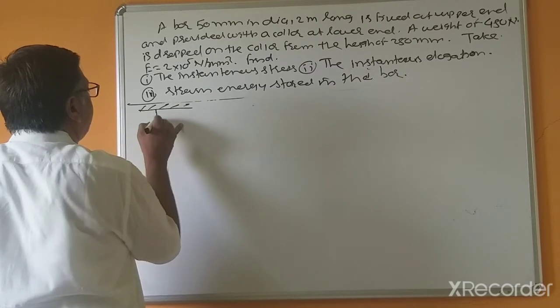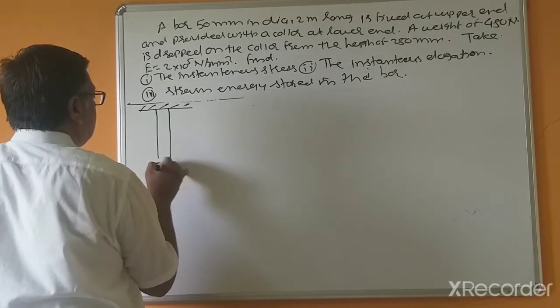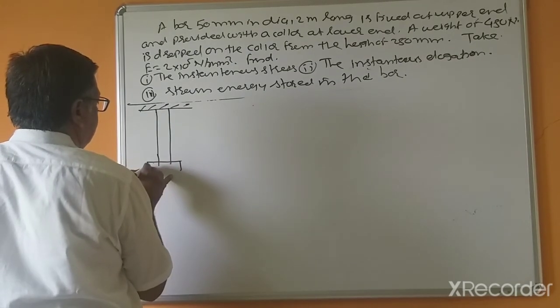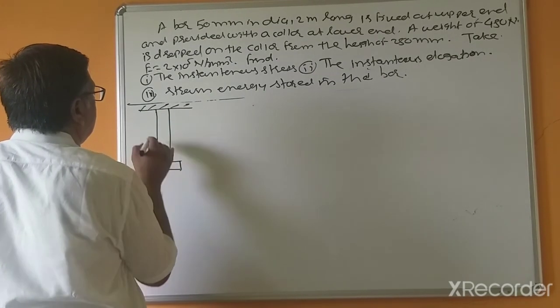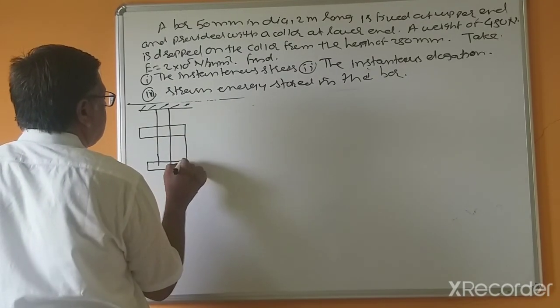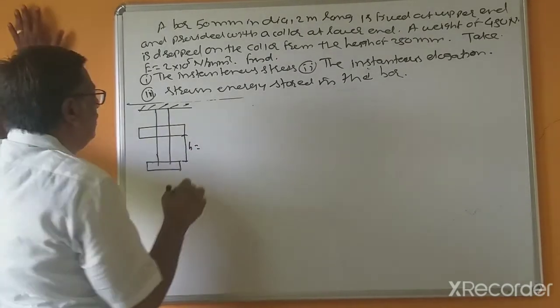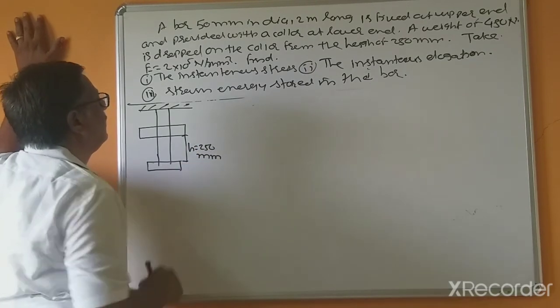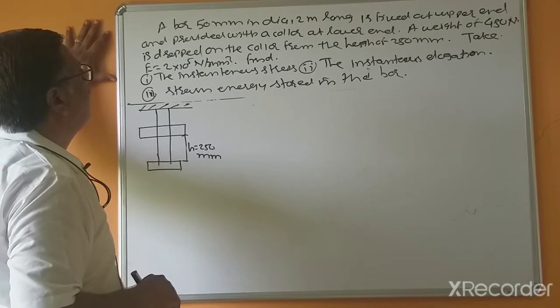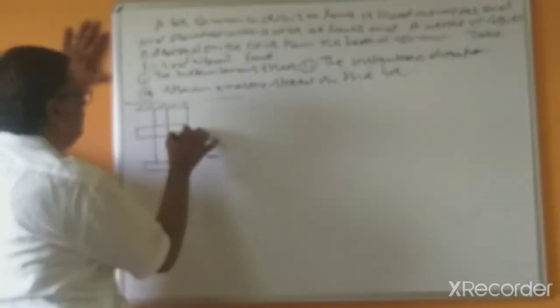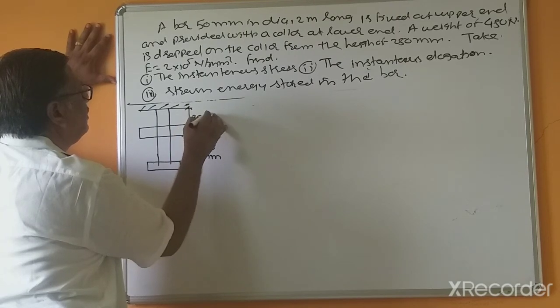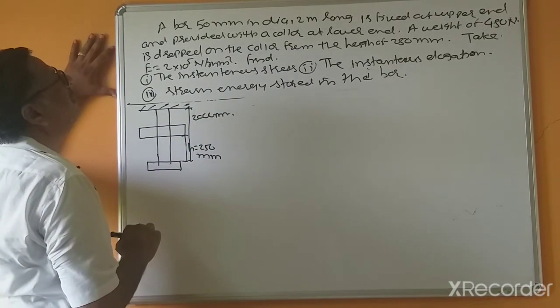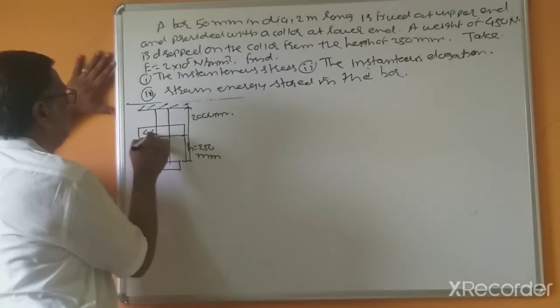So first we'll draw the figure, a bar. This is the collar. Weight, and this height h equal to 250 mm. Total weight 450 Newton.